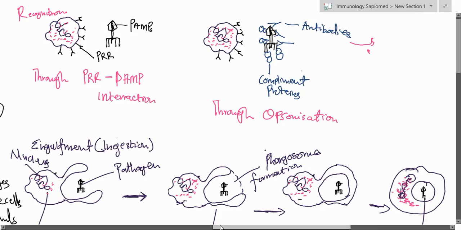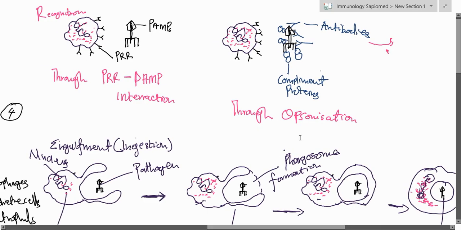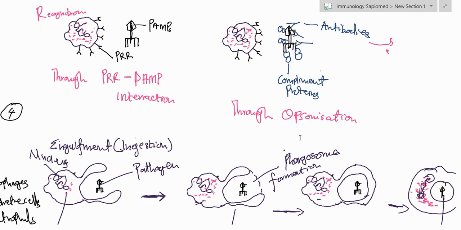We already know that immune cells have receptors on them we call pattern recognition receptors, and pathogens also have pathogen-associated molecular patterns. This is one of the ways the immune cells are able to recognize the pathogens.